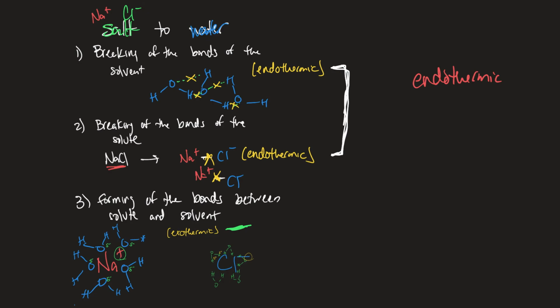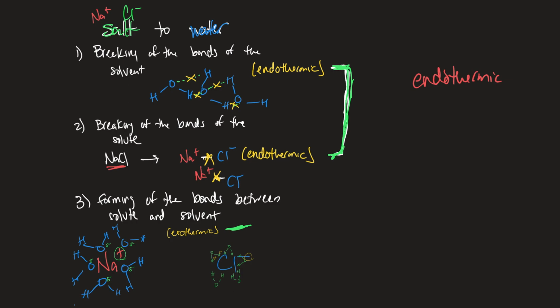I'm going to say that again. If the sum of the endothermic processes, between breaking the bonds of the solvent and breaking the bonds of the solute, is greater than the amount of energy being released by the formation of the bonds between the solute and the solvent, then overall this process is endothermic.